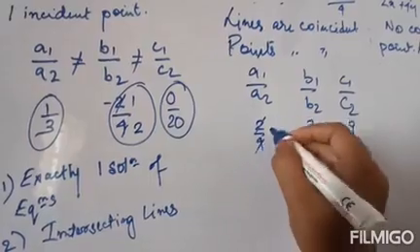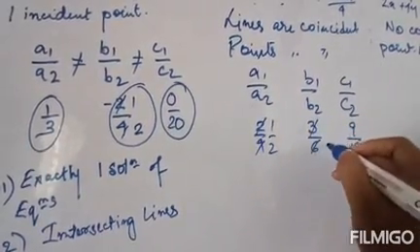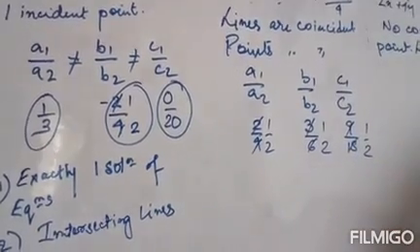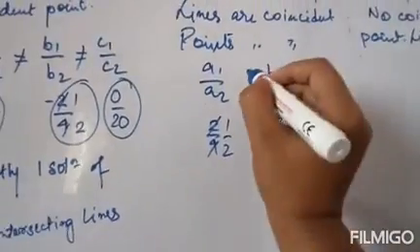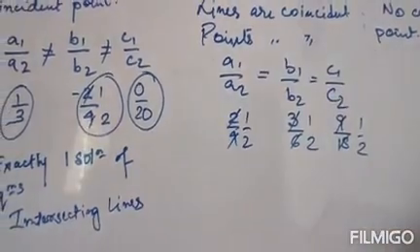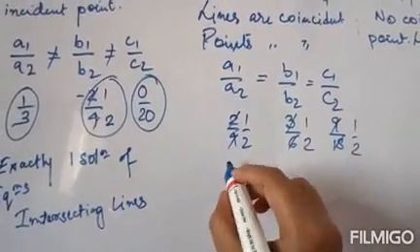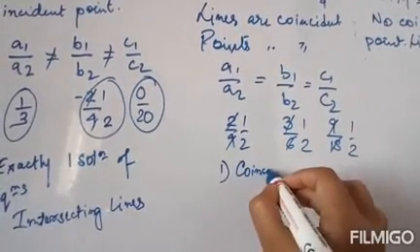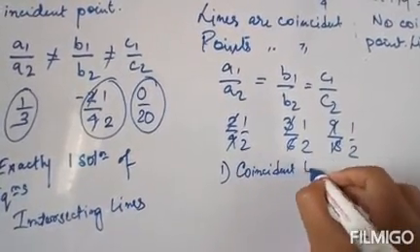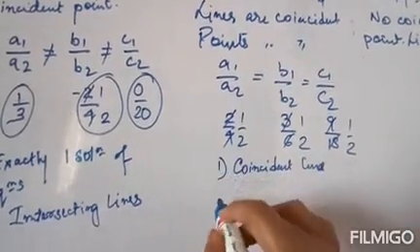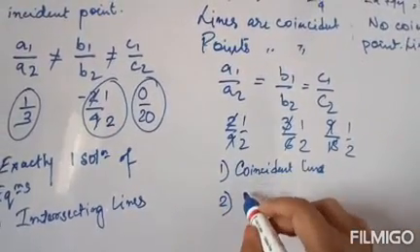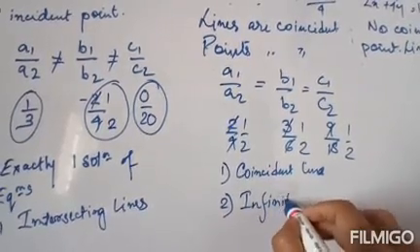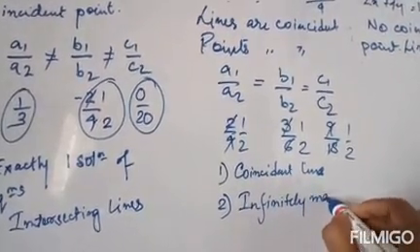Now this is half, this is also half, and this is also half, which means all are same. Correct? When all are same, we have two observations, that is coincident lines and number 2 is infinitely many solutions.